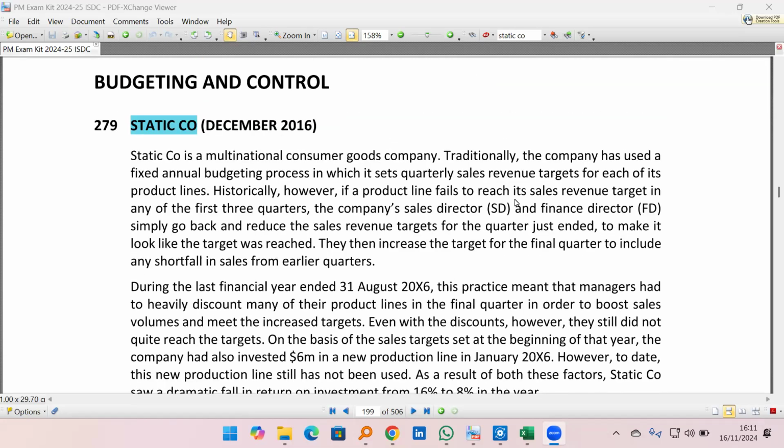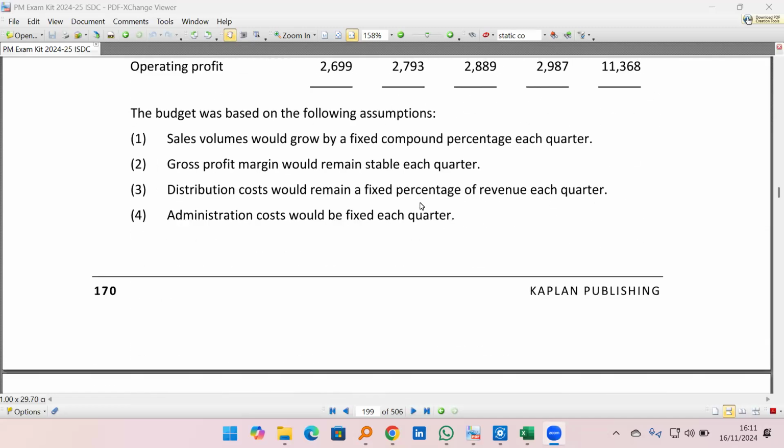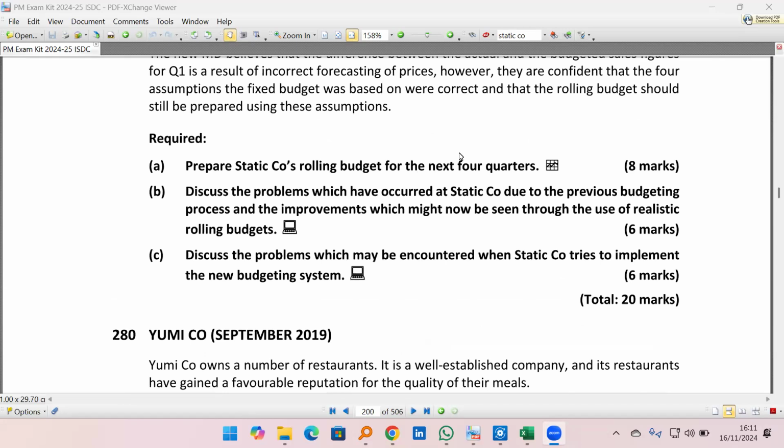So we are going to look at this question, Statico. When you look at what is asked of us, they are saying prepare a rolling budget for Statico, for the next 4 quarters.